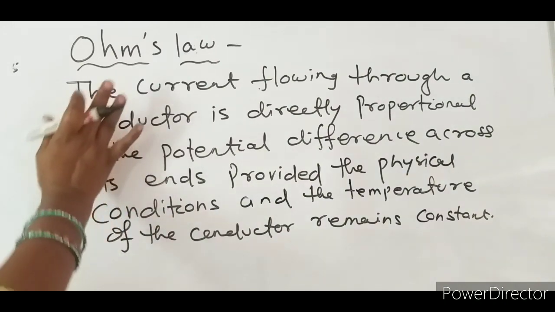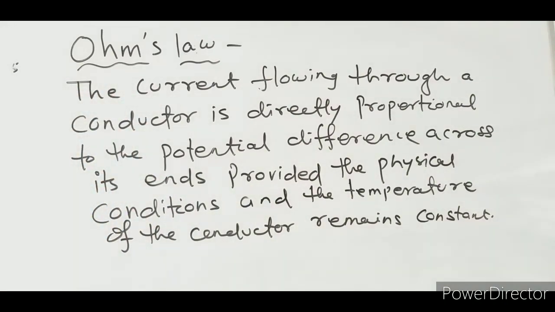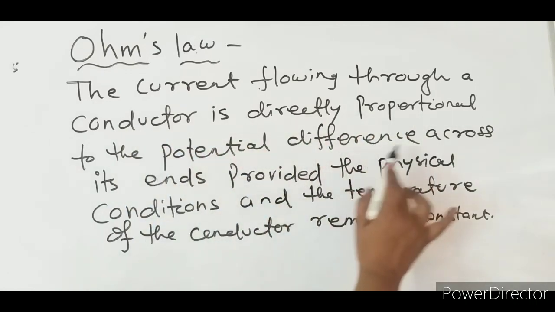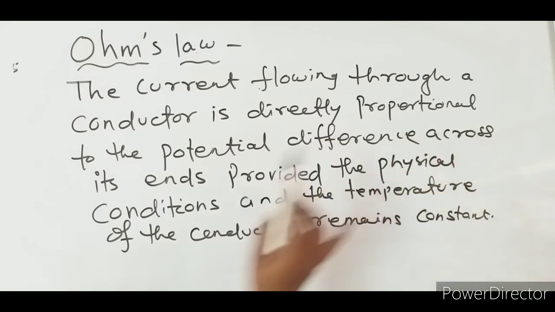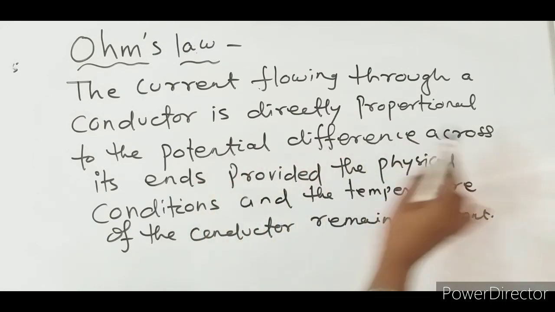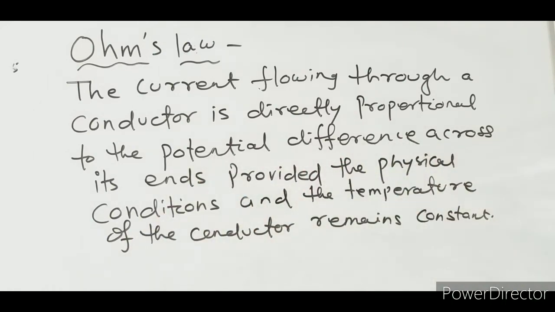When this question comes, write Ohm's law. Children used to write only directly proportional to the potential difference across its ends. They don't write the rest, that is why they lose marks.